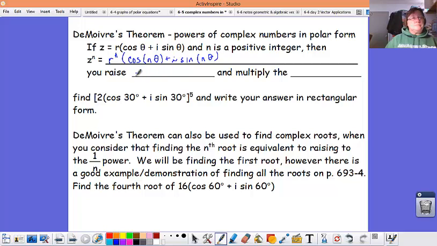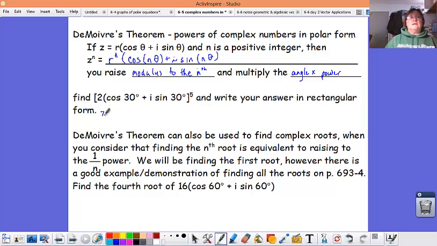So you raise the modulus to the nth power and then multiply the angle times the exponent, or angle times power. All right, let's try that here. We're going to raise this complex number to the 5th power.